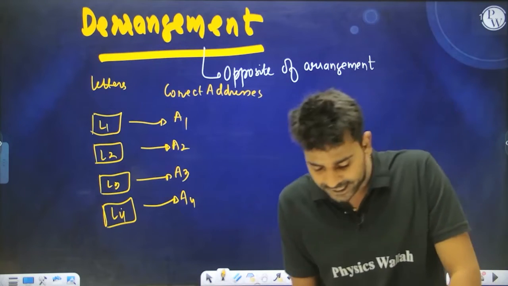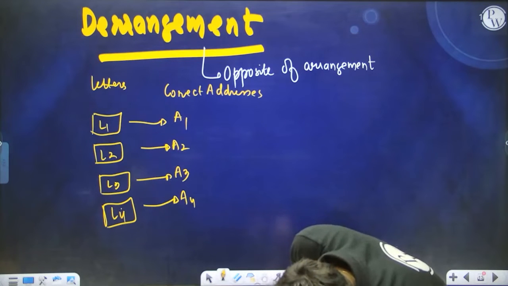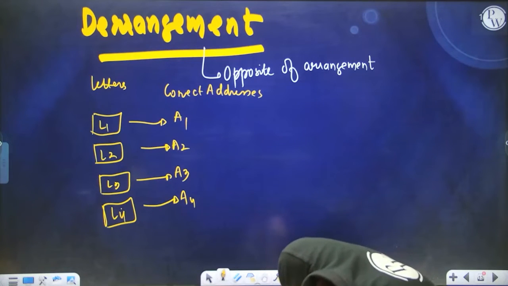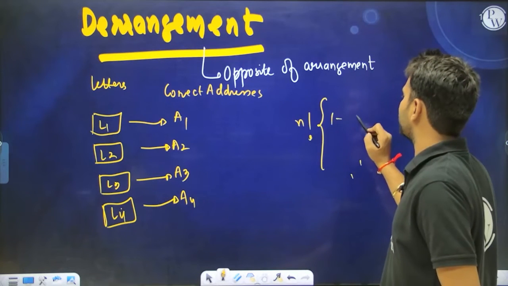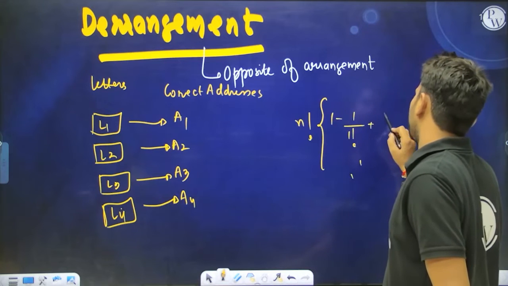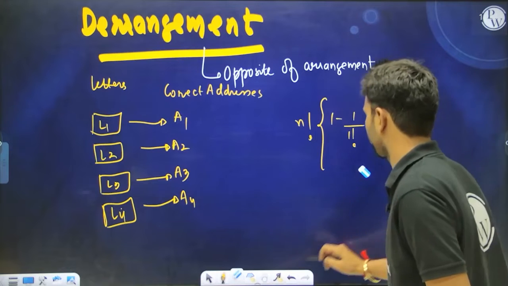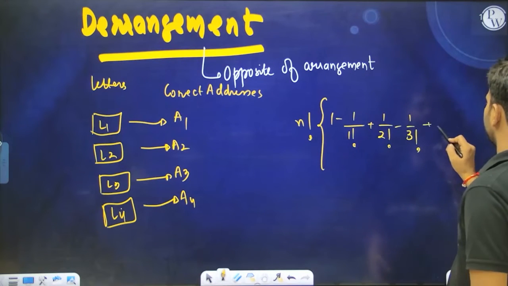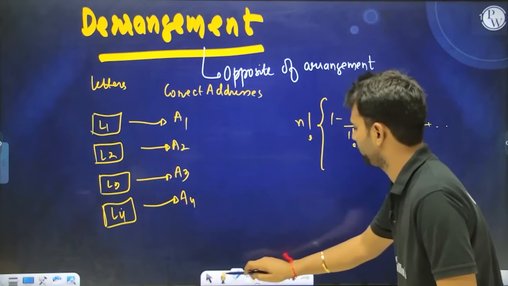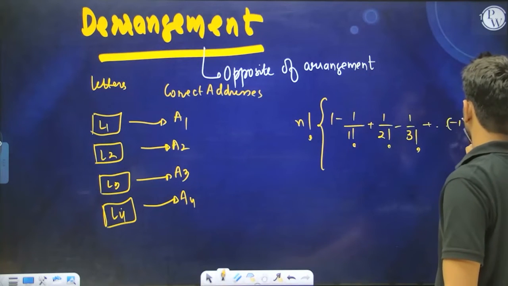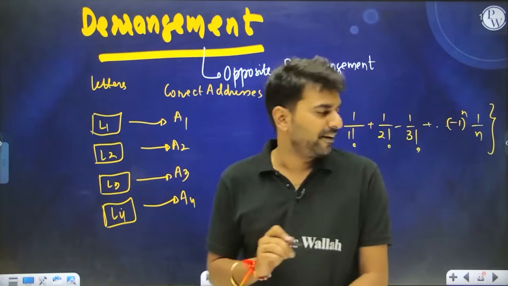You understood the concept of derangement, everyone? Anyone is having any confusion in this? Do let me know. Okay. So the formula for that is n factorial times (1 minus 1 by 1 factorial plus 1 by 2 factorial minus 1 by 3 factorial and so on), till 1 by n factorial we have to go.